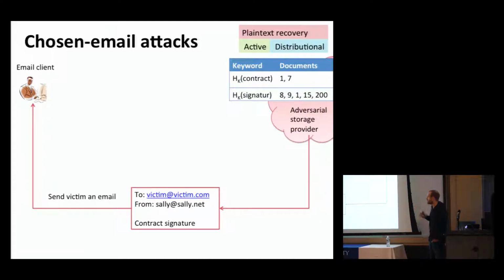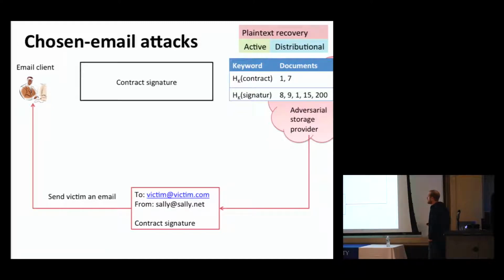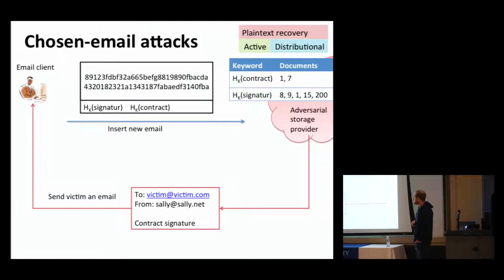It's a little premature to assess yet because people haven't really built these schemes in deployment. But under the assumption that they do, what happens when you get this chosen message? Well, they're going to encrypt it, they're going to do the hashing, and they're going to upload all that information up to the storage provider. And so now the adversary gets to see the result of PRFing these values.